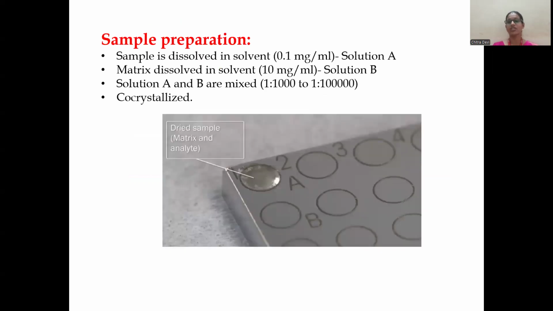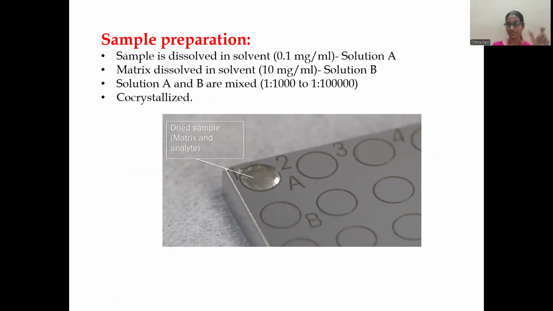Here you can see how we prepare the sample for this technique. First, the sample is dissolved in some solvent at different concentrations, that is solution A. Second is the matrix, separately.